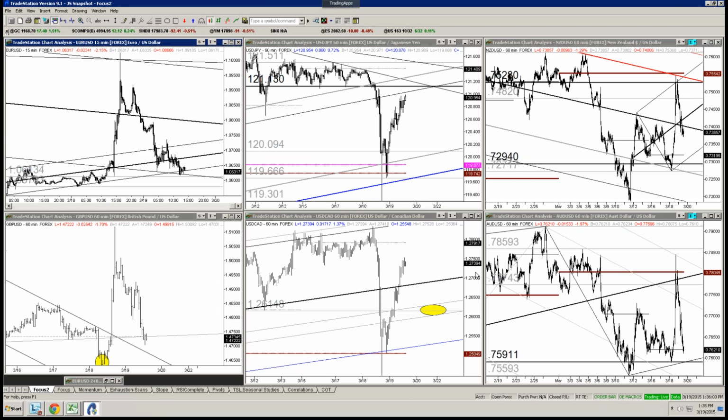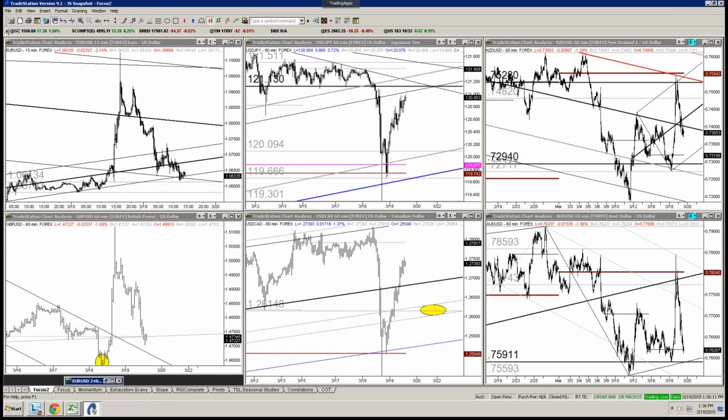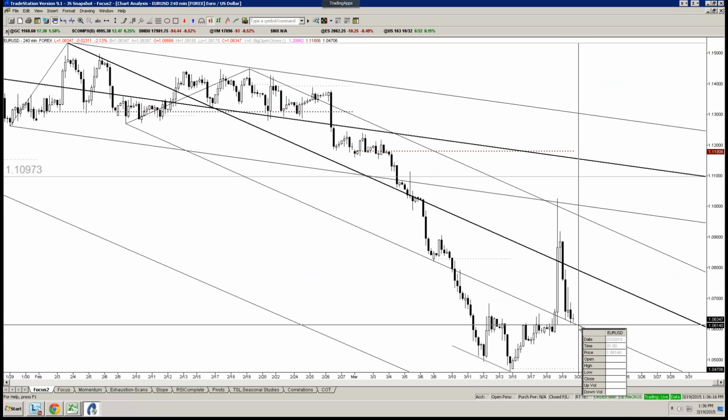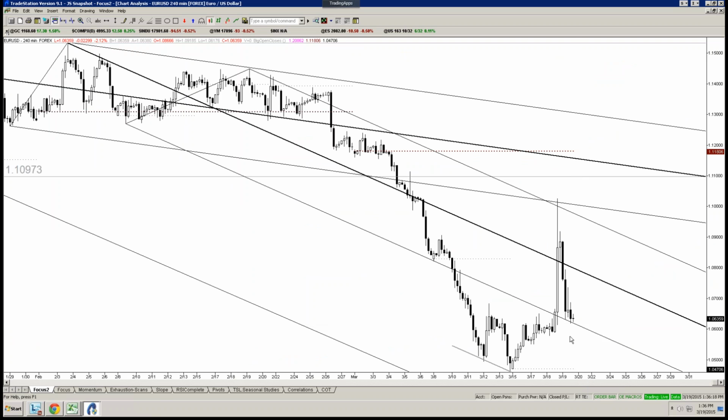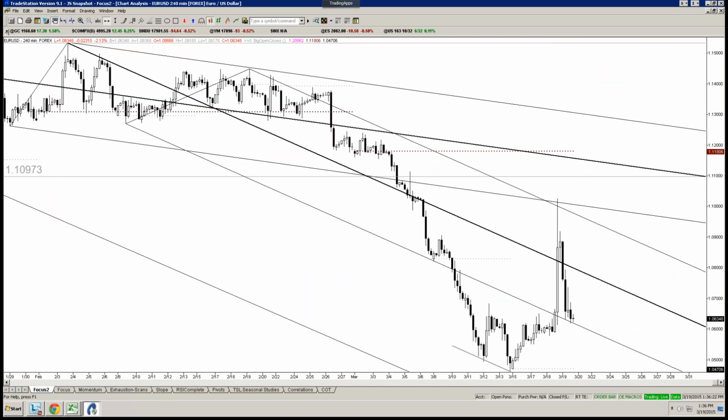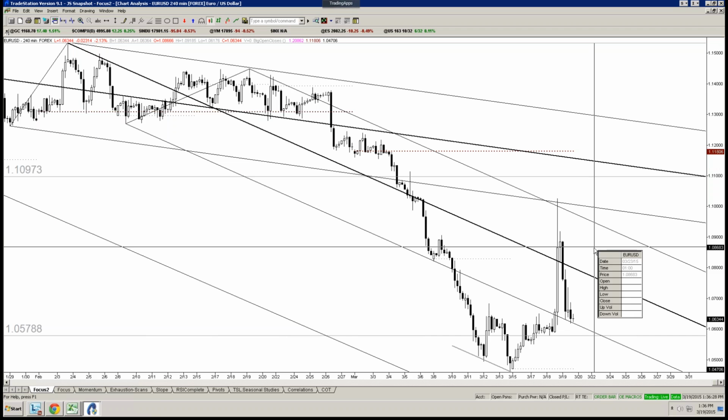All right, so what else did we want to take a peek at today? For me, the biggest thing at this exact moment is really euro, right? I mean, it's sitting right here at support. So if we're going to get a push higher, and I'm not even talking about up here, I'm talking about like back to 108.